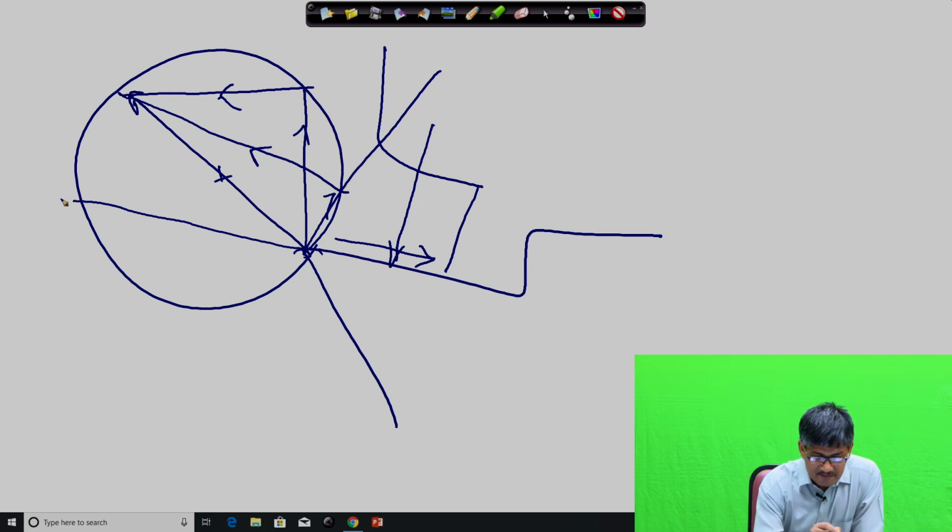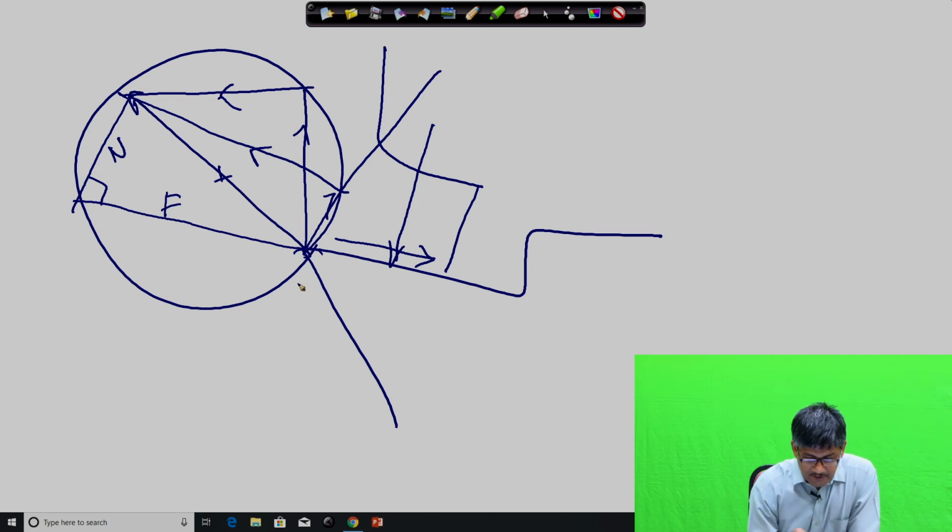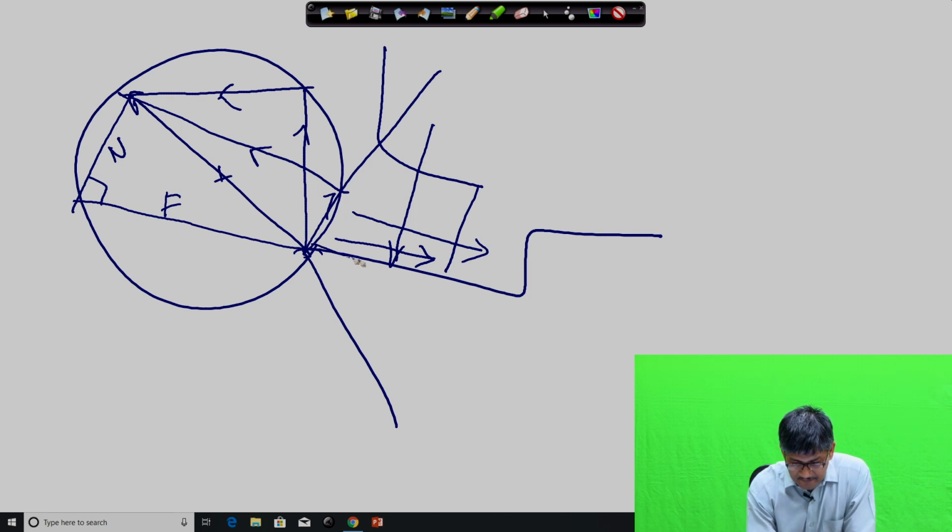Extend the rake surface and join it here, right angle. So, this must be the frictional force F and this must be the force normal to it, and they together balance the cutting forces. So, the chip is going down, rubbing against the surface and creating frictional force, and this force is pressing the chip down on this particular surface, the normal force.